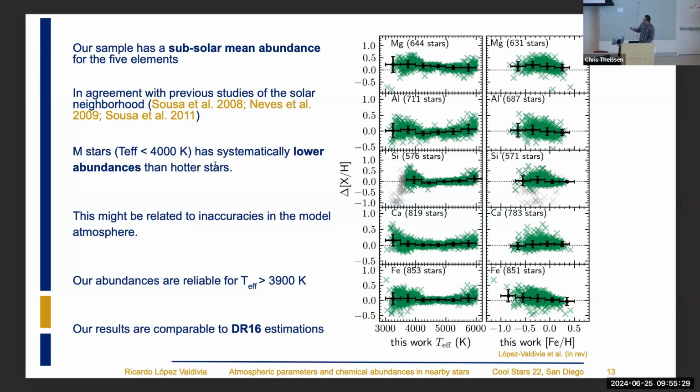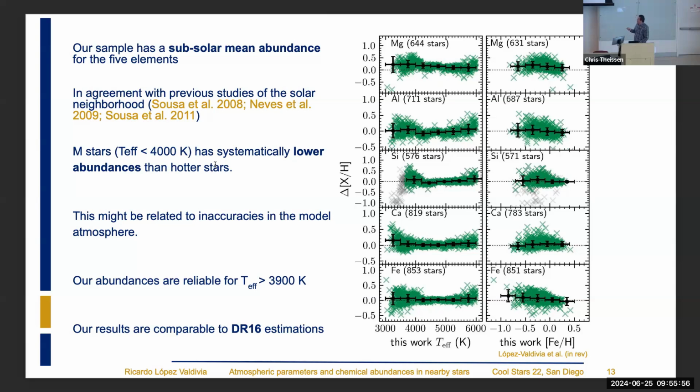This is in agreement with the studies for the solar neighborhood in FGK stars, which is good. Again, we are obtaining abundances that are really in accordance with previous publications. For the cool stars, we have systematically lower abundances in all the elements. So our abundances in the cool stars are more negative than in the hotter stars. It's something that we are just trying to figure out, what's going on.